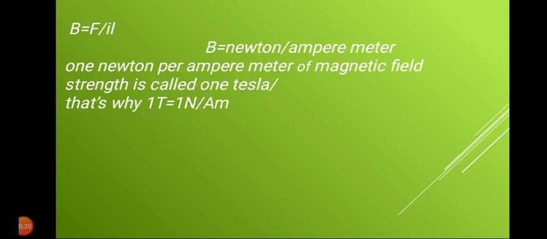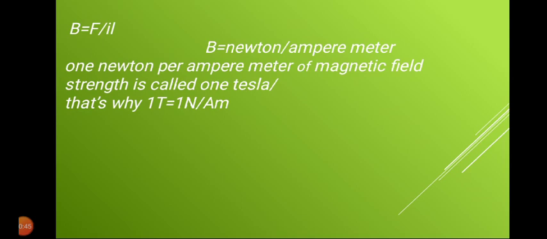As we know, the SI unit of force is Newton, the SI unit of current is ampere, and length is in meter. Thus B will be measured in Newton per ampere meter.